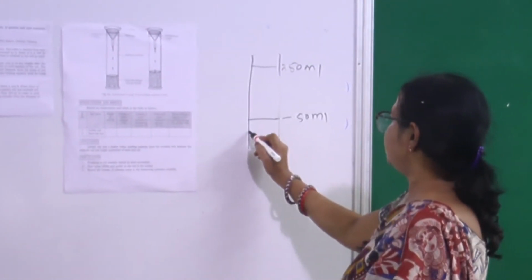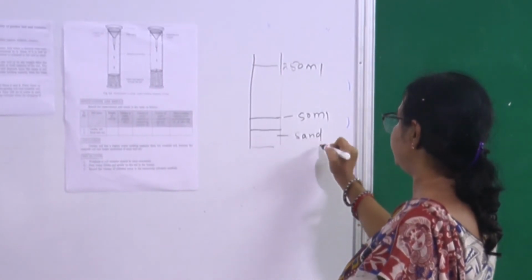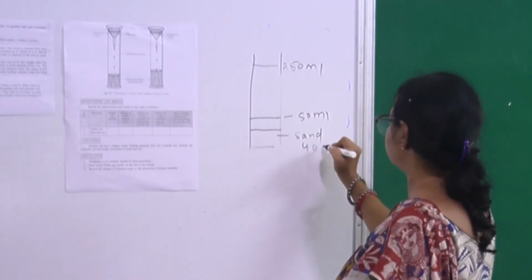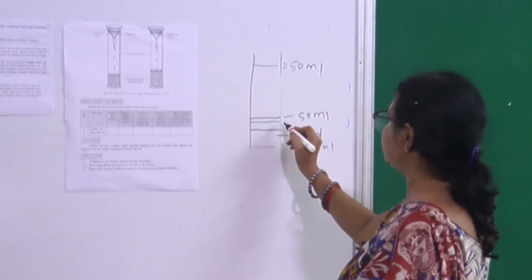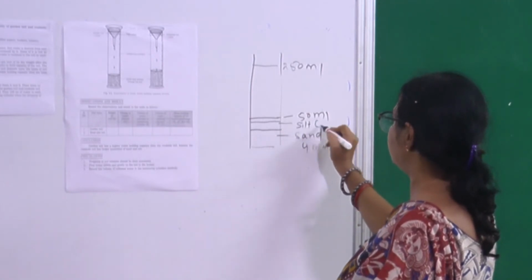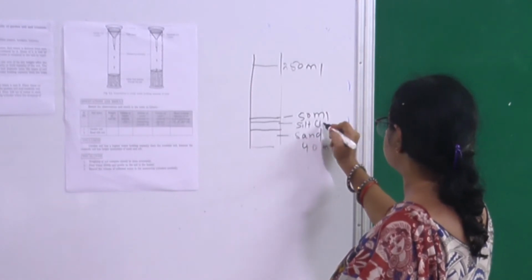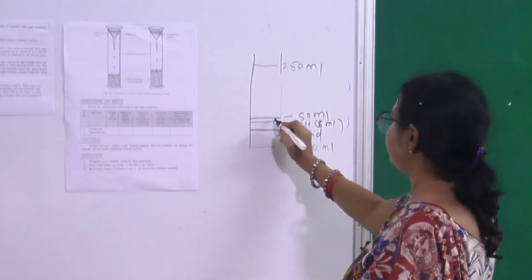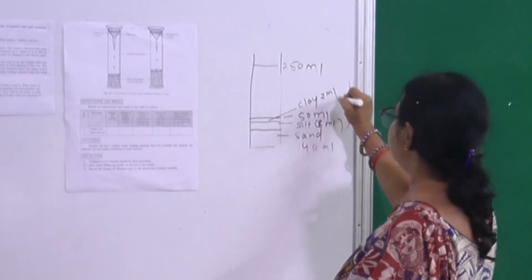At the bottom, the largest volume is taken by sand, suppose 40 milliliter. There are 3 layers. The next layer is silt, suppose 8 milliliter, and the top layer is clay, which occupies almost 2 milliliter.